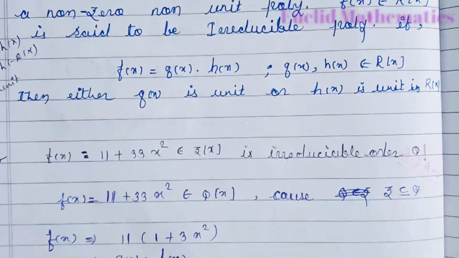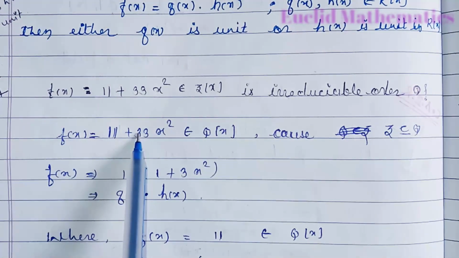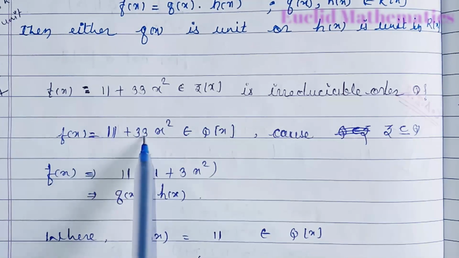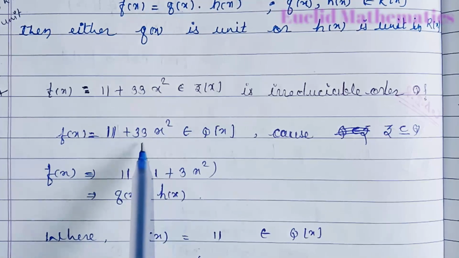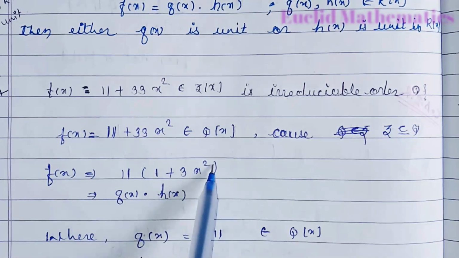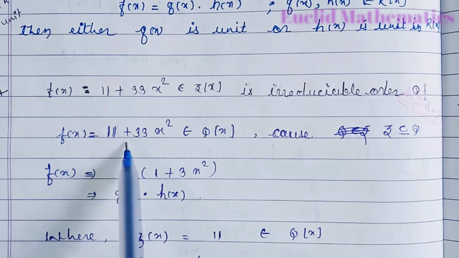We know the definition of irreducible polynomial: we can write the polynomial as a product of two polynomials, and one of them has to be a unit element. So f(x) is 11 + 33x^2. Take 11 common, so under the bracket what remains is 1 + 3x^2, since 11 times 1 is 11 and 11 times 3 is 33. Our original polynomial remains the same.